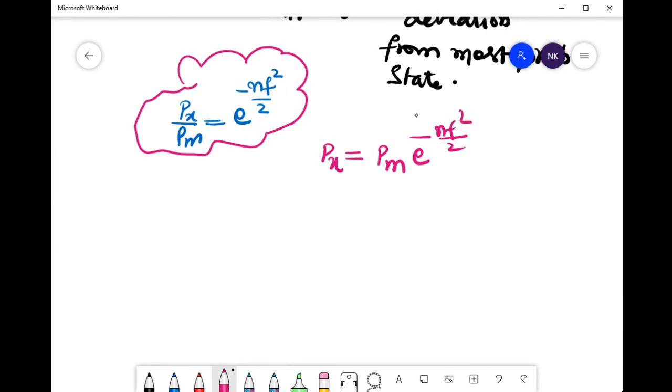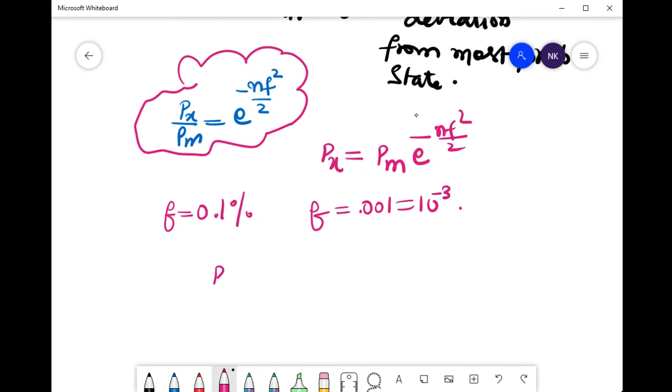Let us analyze one case where the number of particles is n, and the minimum deviation f is equal to 0.1%. That means f is equal to 0.001, that is equal to 10 raised to the power minus 3.